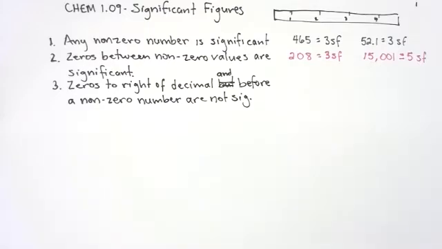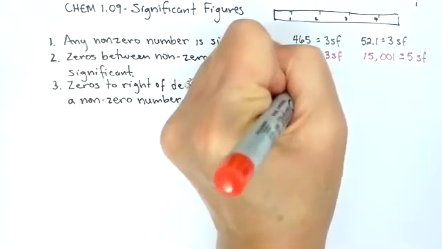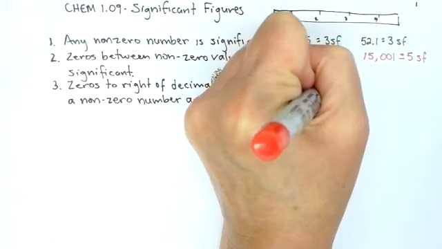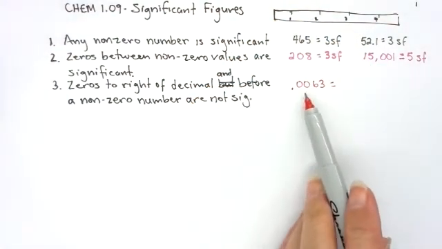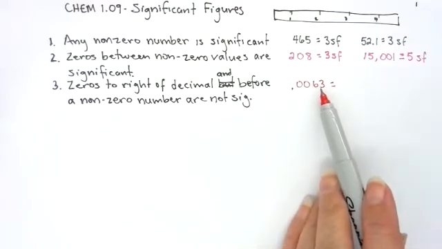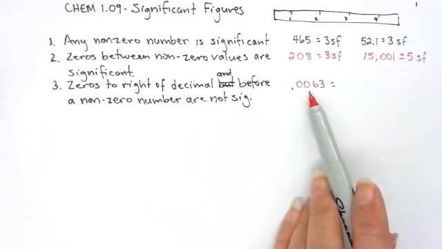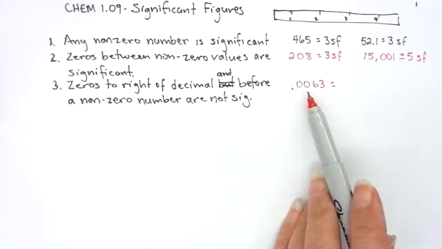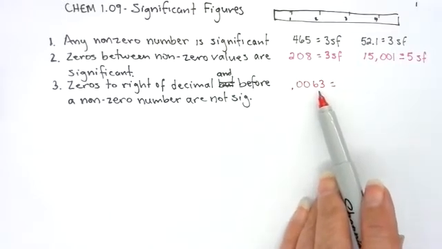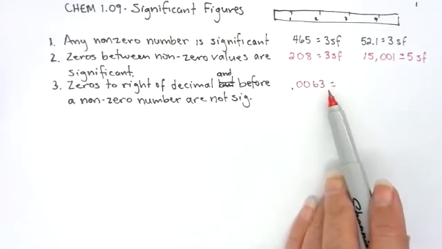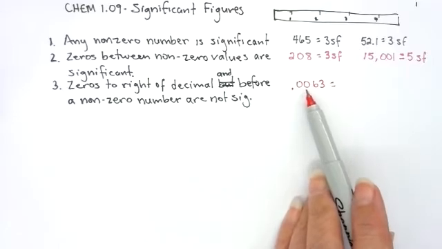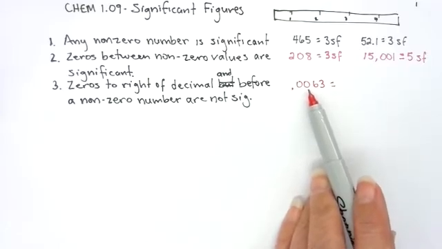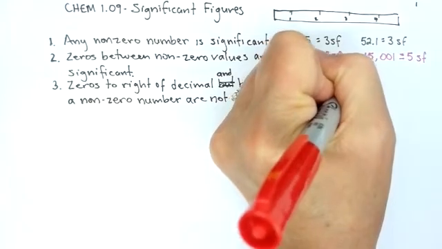So if I have 0.0063, and this is probably one of the ones that's the most challenging. These zeros are to the right, but they're before a non-zero number. So these indicate, like if I had a scale that was really sensitive and it could go out to 4 decimal places, I put something on there that was 6.3 thousandths of a gram. So I didn't really measure these, but it indicates that my device could go that far. So these don't count, and this number has 2 sig figs.